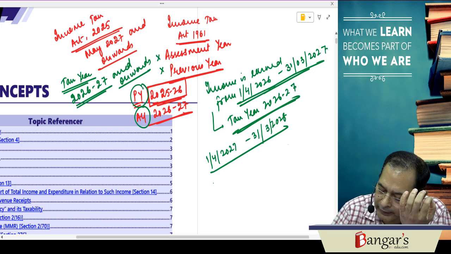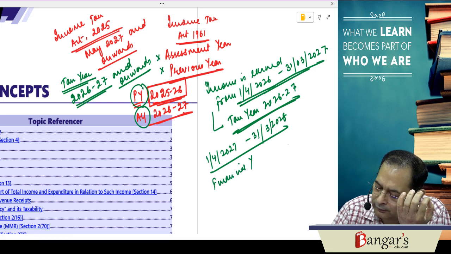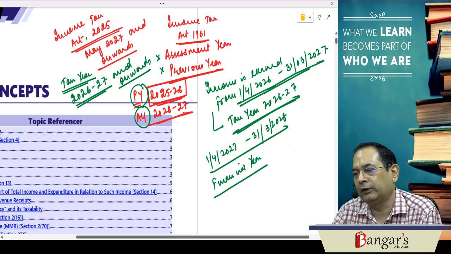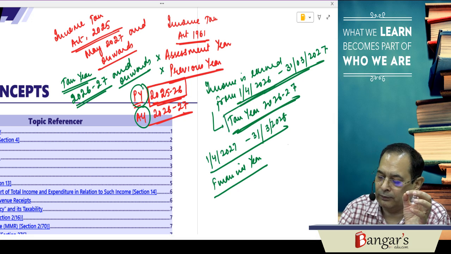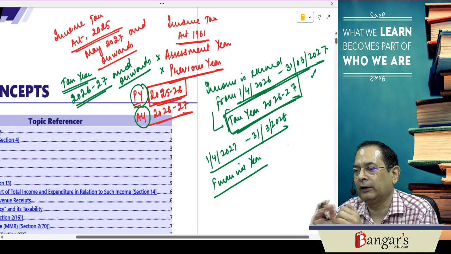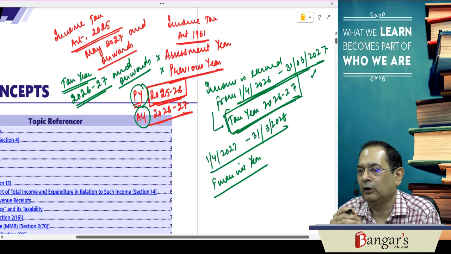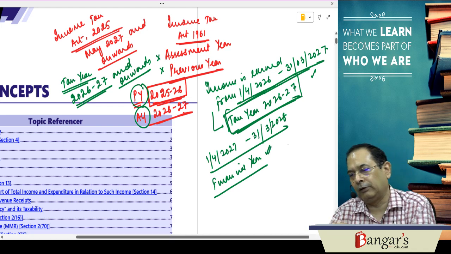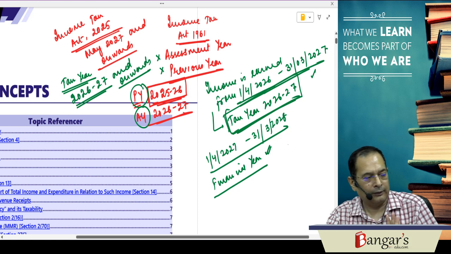Though you will be finding the term financial year. Say if you are required to furnish a return for the tax year 26-27, then you will be furnishing the same in the succeeding financial year, say up to 31st of July of the succeeding financial year, or say 31st of August of the succeeding financial year. So they have given the term financial year here.